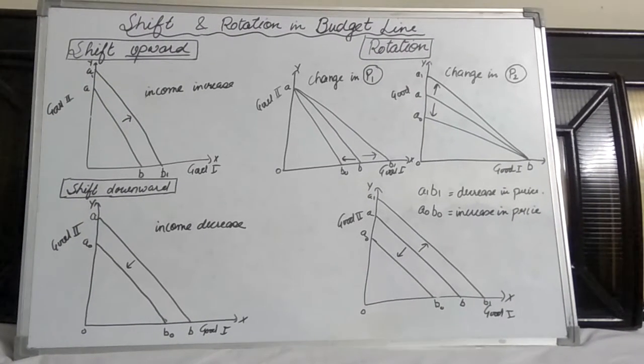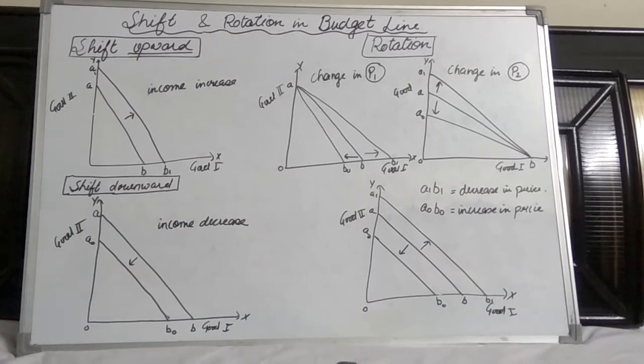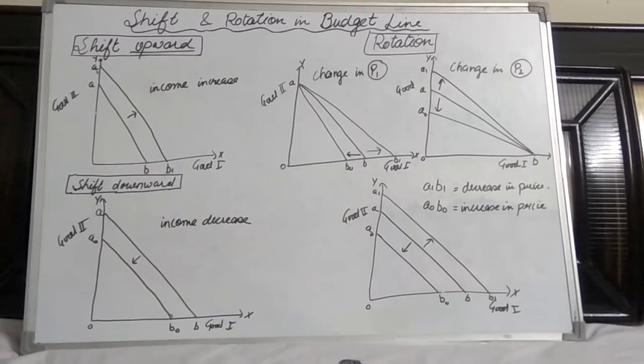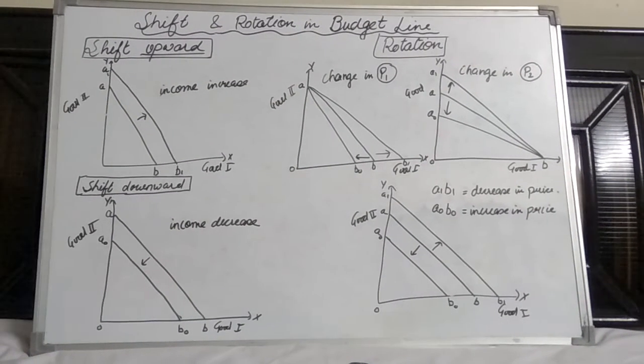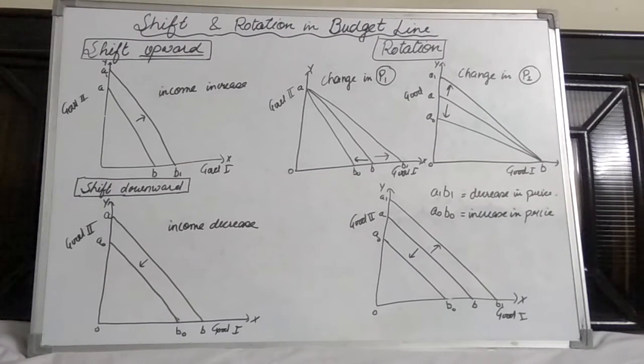With an increase in price the consumer becomes able to purchase less quantity, and when the price becomes less the quantity that the consumer can buy increases. So these are opposite cases, keep in mind.